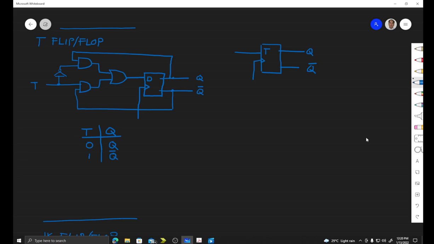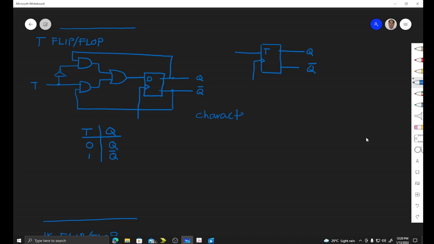By the way, let's first get the characteristic equation.